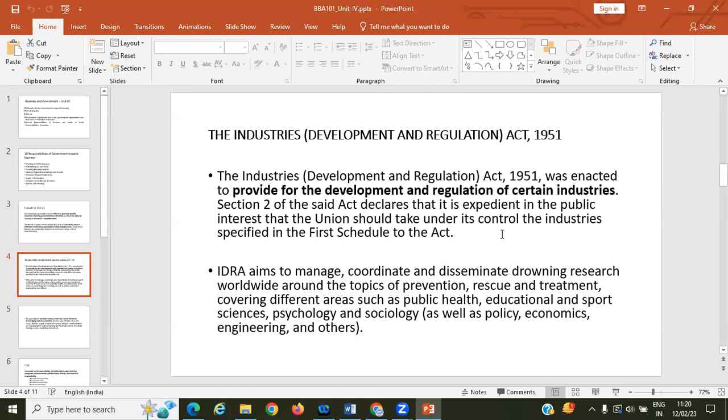What is the content of this act? This act says any industry in your country or across the country, there are a lot of rules on how they can produce, what trade activity they can do, different activities, different policies related to trade, commerce, health, education, everything is there in that act.